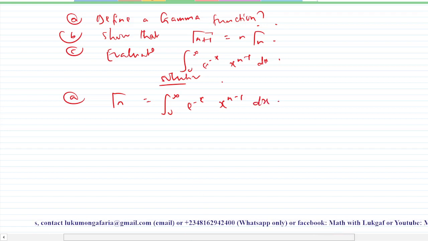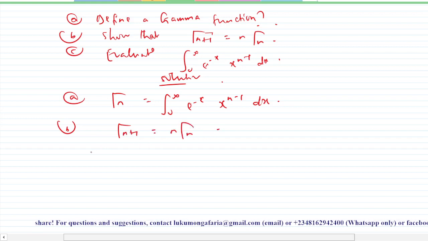If that is clear, from this I can actually show the recurrence formula. Recall that we were asked to show that gamma n plus 1 is equal to n gamma n. That is not difficult to do.